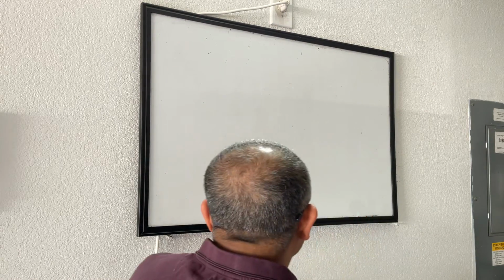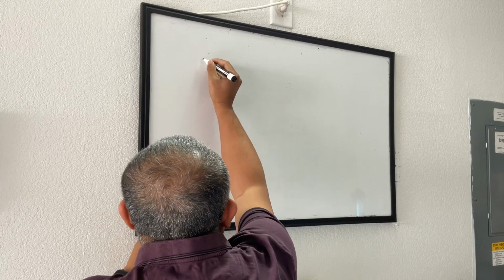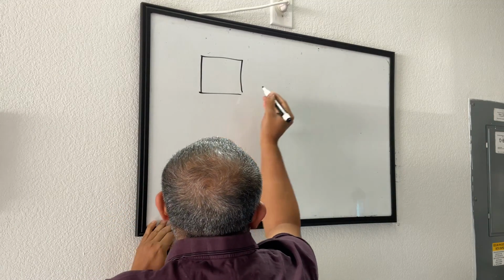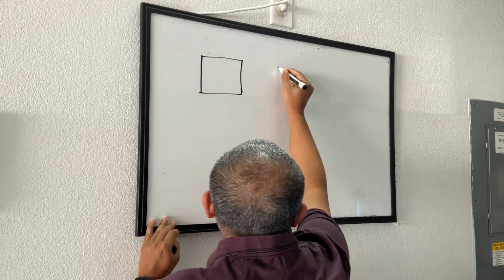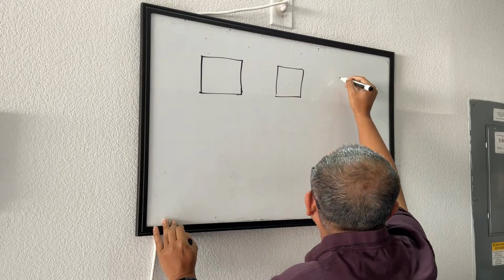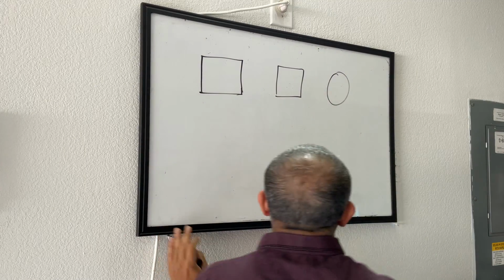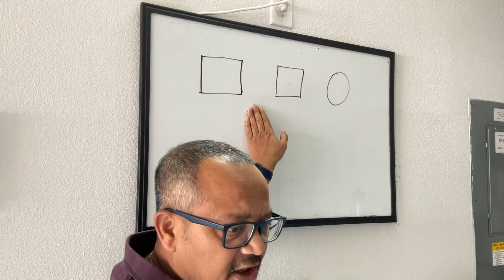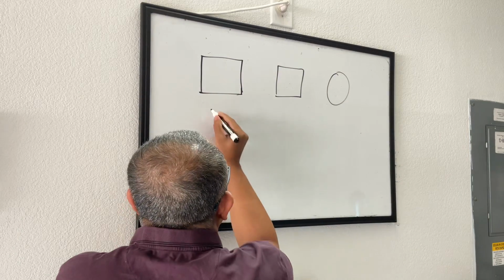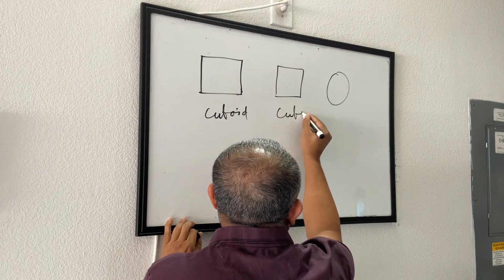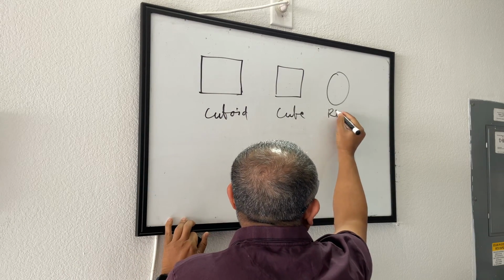Now, in the previous class we talked about cuboid, cube and right cylinder. Whatever I'm showing on the board right now, I'm calling this a cuboid, I'm calling this a cube, and I'm calling this a right cylinder.